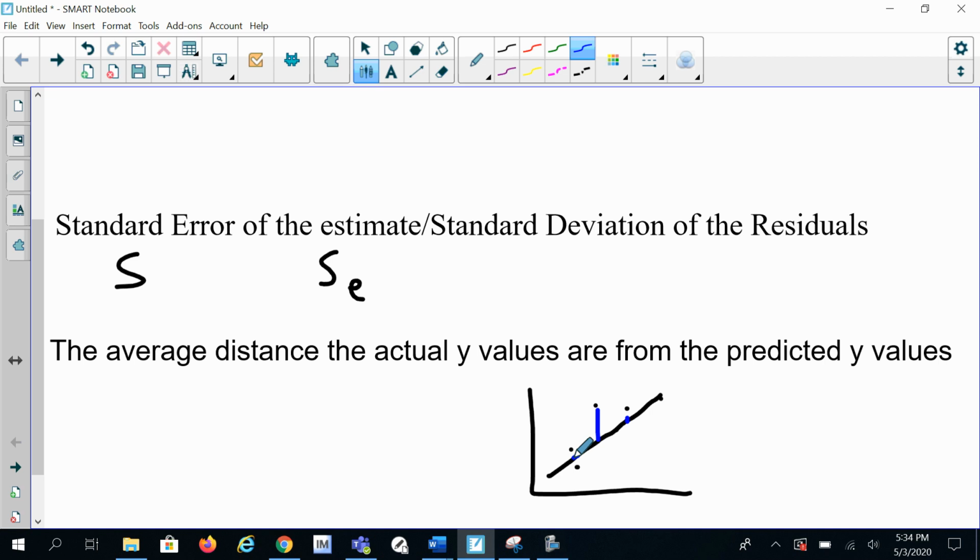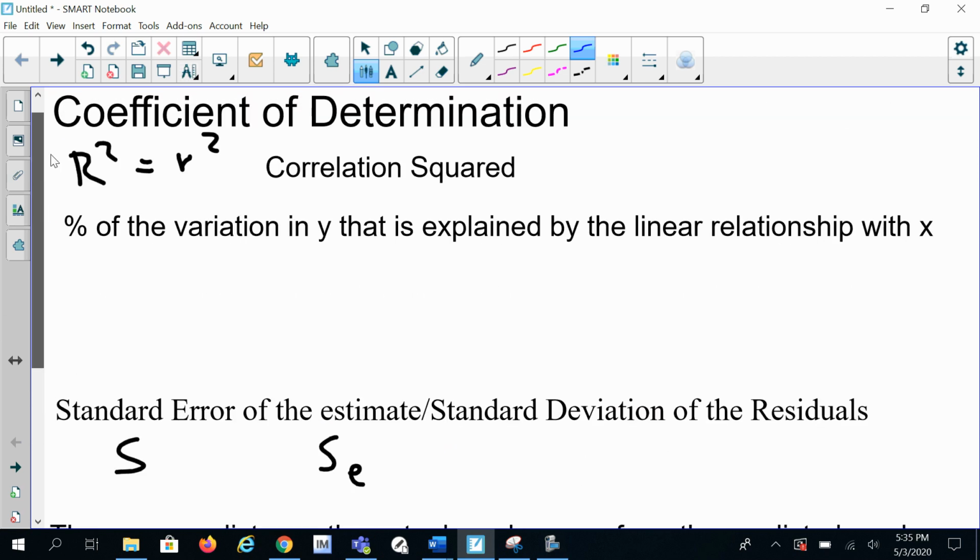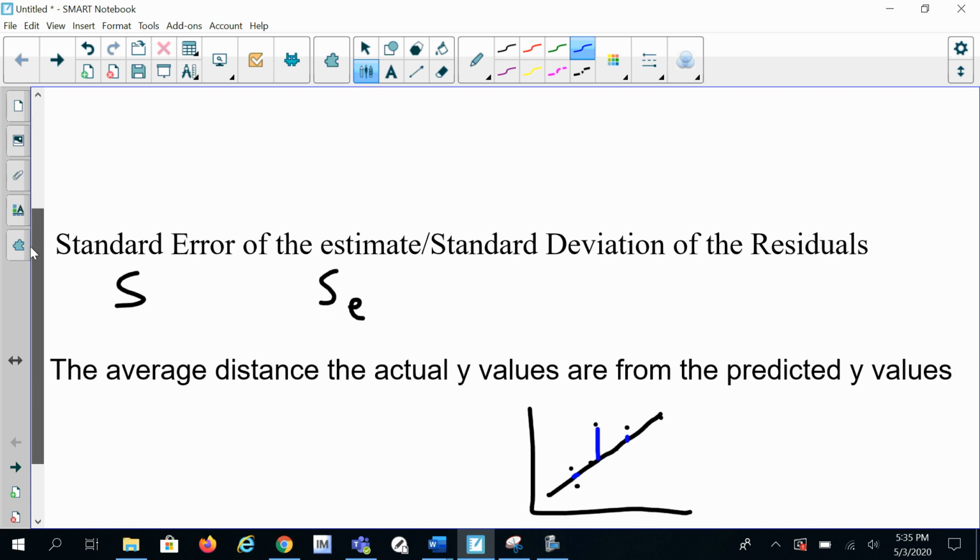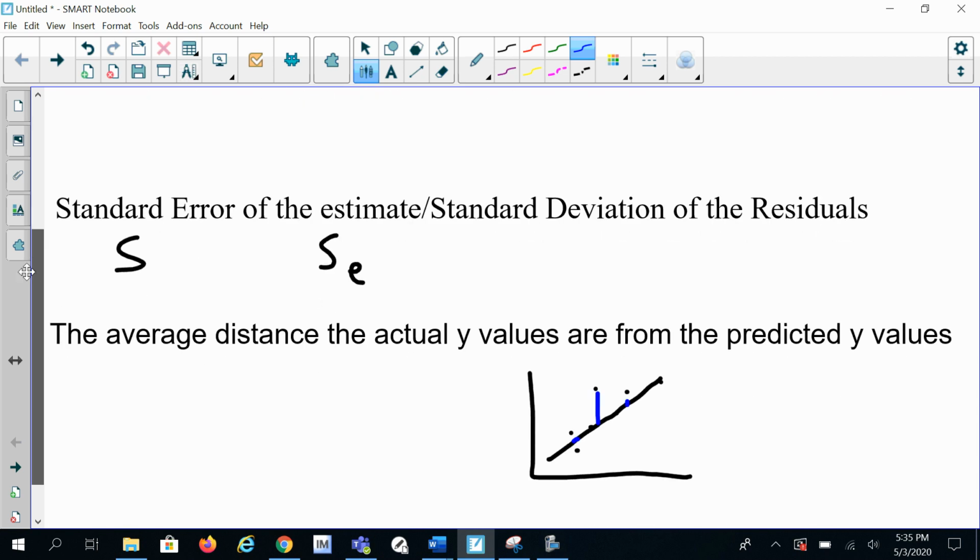It's the average distance those real data values are from the predicted line. So the smaller it is, the more precise the line seems to be at predicting. The bigger it is, the farther those points are, and the line is not doing maybe the best job at predicting. So these are the two ideas that we're talking about in this video. The coefficient of determination, or R squared, and the standard deviation of the residuals, which is usually S.